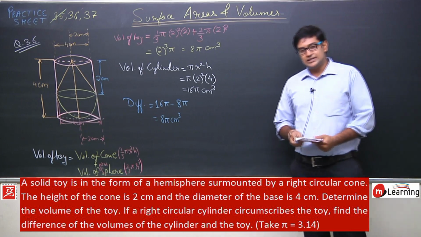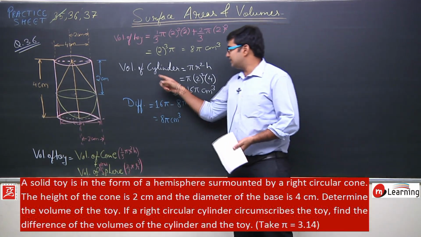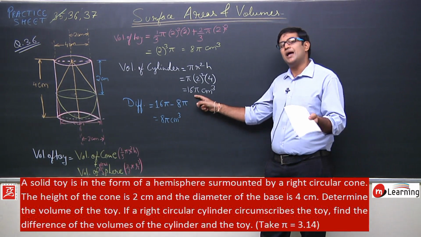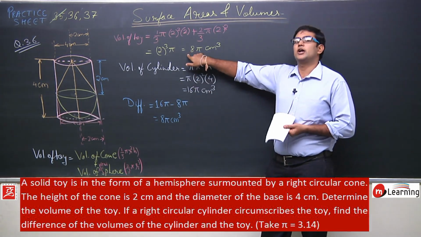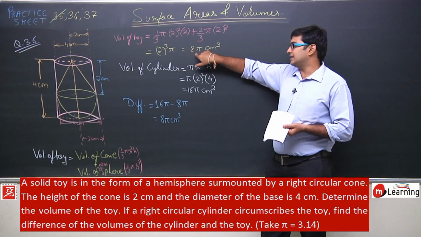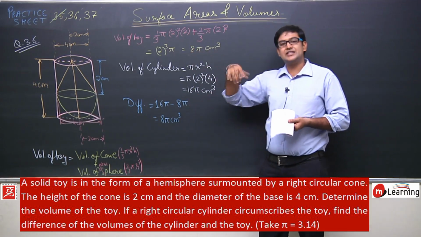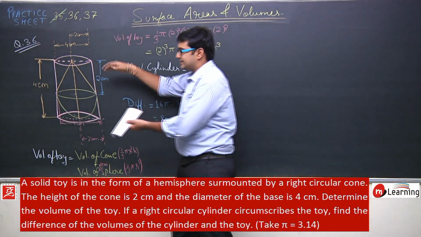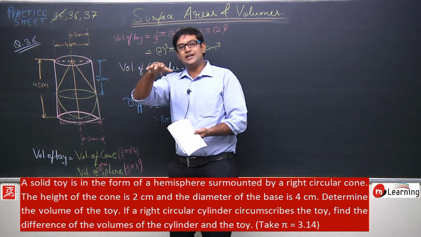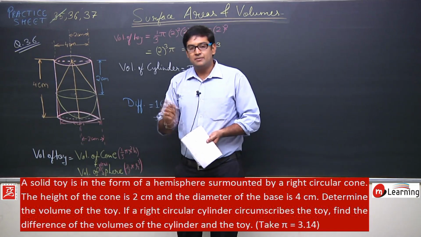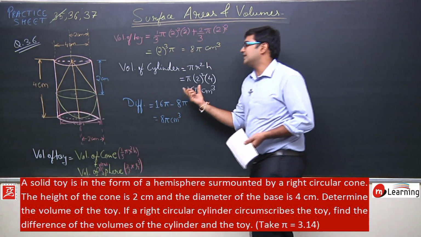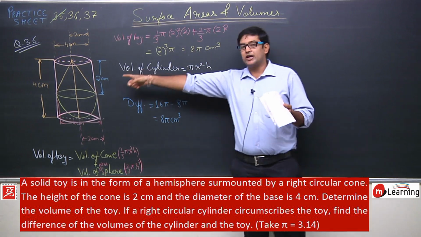What I can see is that the volume of this cylinder, which is 16 pi, is exactly double the volume of this toy. Okay, this toy is 8 pi and the cylinder is 16 pi. So there is a cylinder of the same height and the same radius as the toy, but still its volume is just double that of the toy.